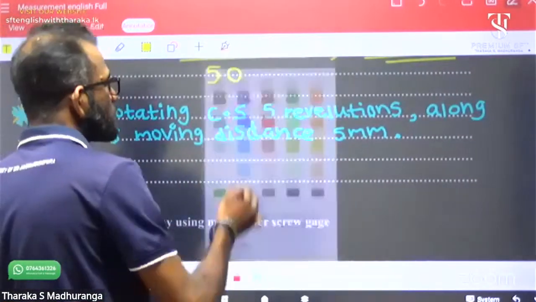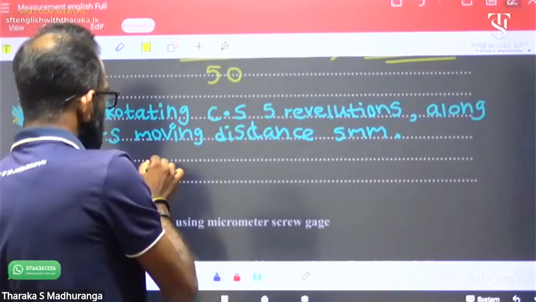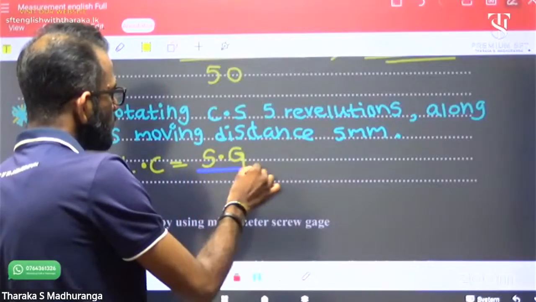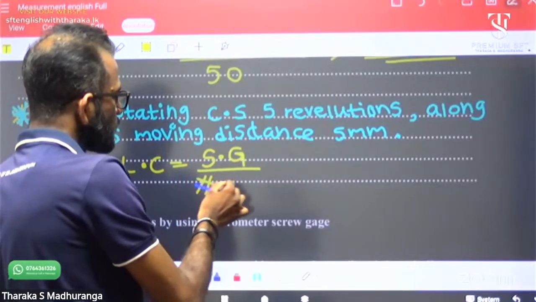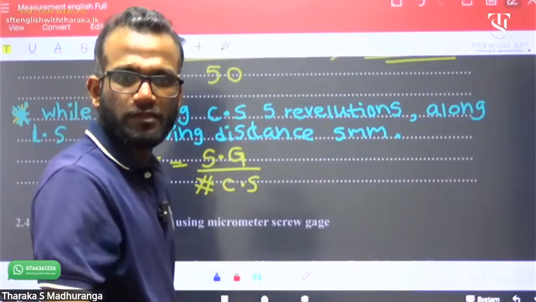Okay, what is the equation? Least count equals screw gap divided by the number of circular scale parts.